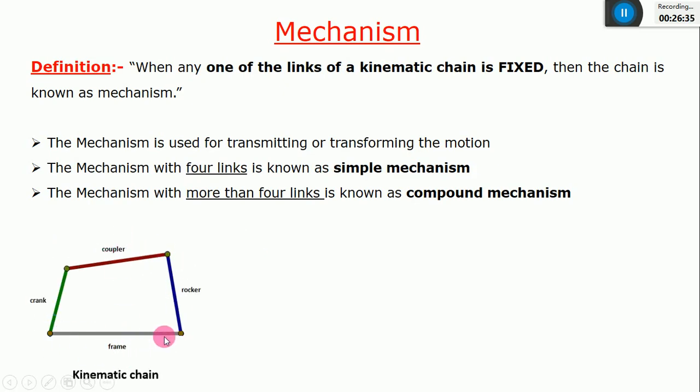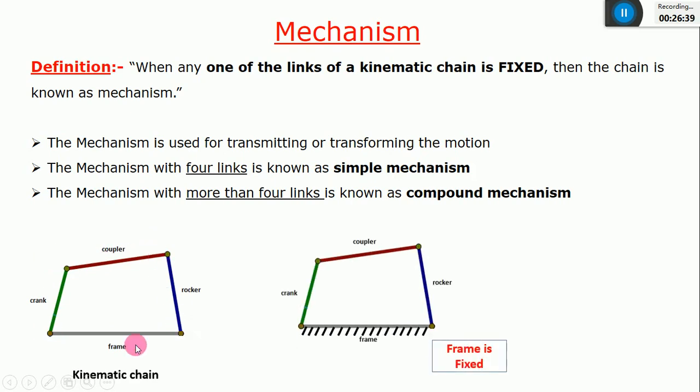This one is a frame, as I explained. This is a crank, this is a coupler, this is a rocker. When you fix any one link, in this case I'll fix this frame. You can fix any one link. The fixed link is called the frame. So this method of fixing any one link of the kinematic chain is known as a kinematic mechanism. That is the only difference.